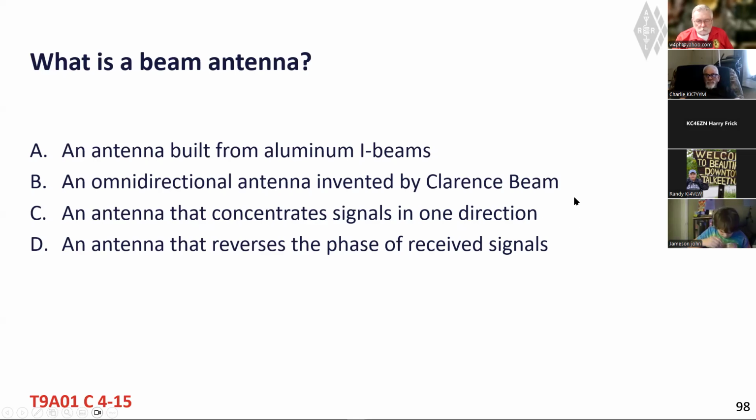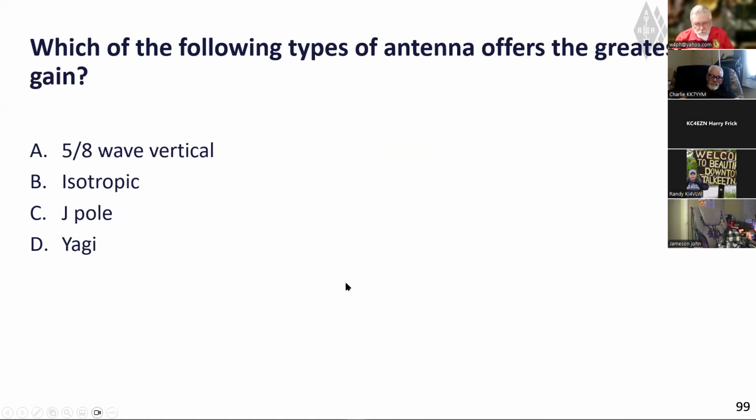Another thing that you're quite familiar with usually, being as light is also an electromagnetic radiation, is the beam headlight of a car that concentrates all its radiation in one direction. So an antenna that concentrates signals in one direction. Which of the following types of antenna offers the greatest gain? That would be D, the Yagi.